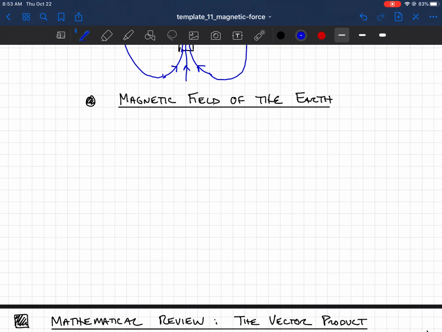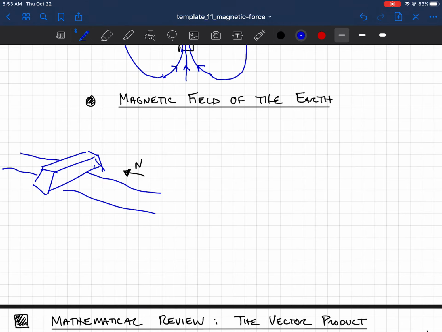So if you're standing in Grand Rapids, next to the Blue Bridge maybe. So here's the Blue Bridge. The river goes underneath here, and the river flows from north to south. So this is the north direction in Grand Rapids.